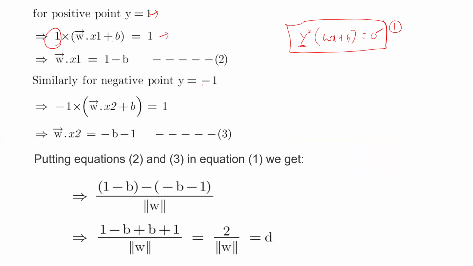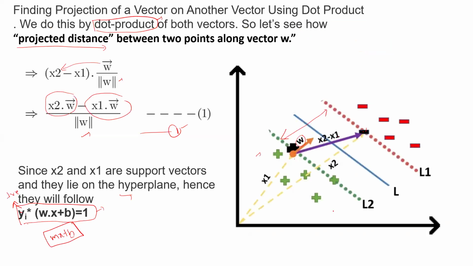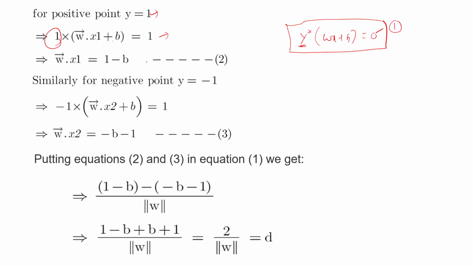Why am I considering this? Because this is the area I'm going to find. So that's the reason w x1 plus b equals 1. I'm taking this equation and sending this b to that side, and w x1 equals 1 minus b. This is equation 2.